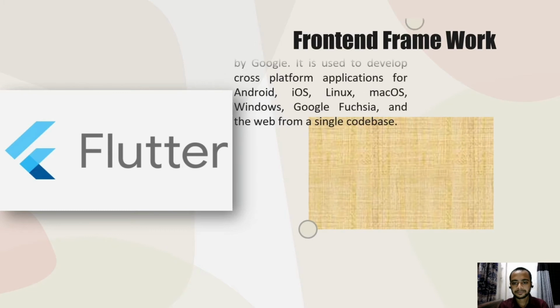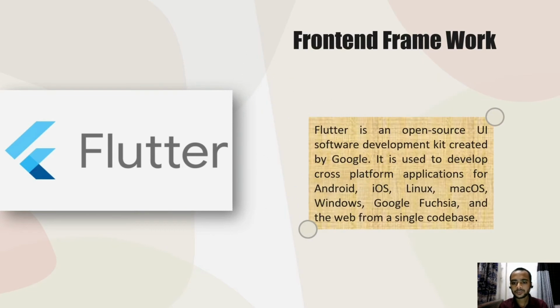Flutter is an open source UI software development kit created by Google. It is used to develop cross-platform applications for Android, iOS, Linux, macOS, Windows, Google, and the web from a single code base. We will use this framework to develop the front end of our app.